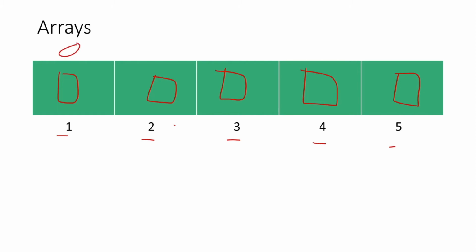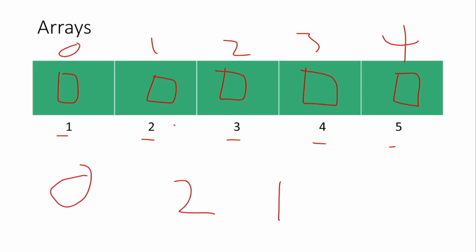It's 0, 1, 2, 3, 4, and so on. So, this is called indexing, where in this list you can choose a certain bit of the list. For example, if you want the 0th element, then you can ask for the 0th element, or the second element, or the first element, whichever one you really want.